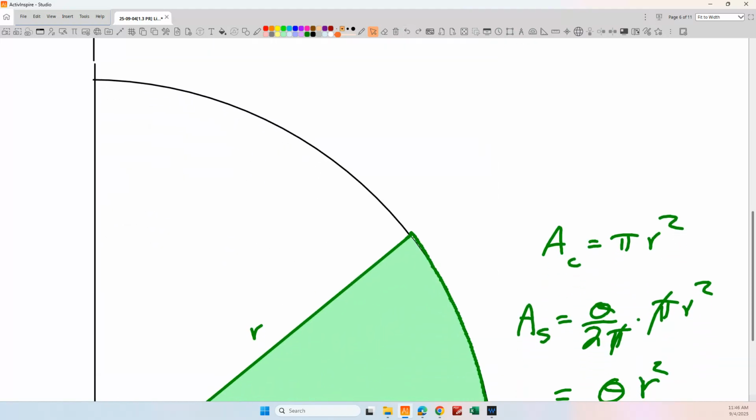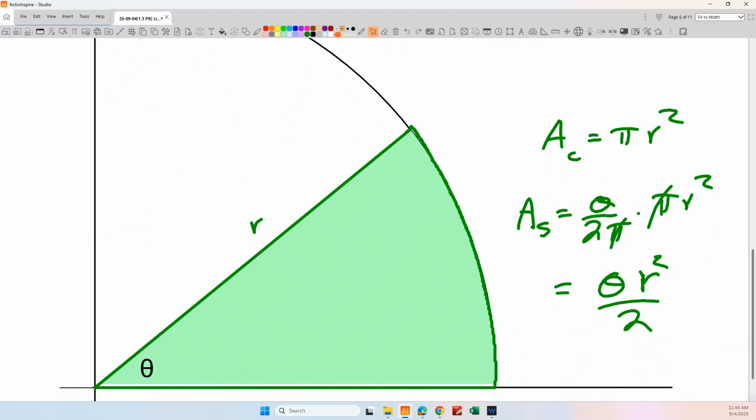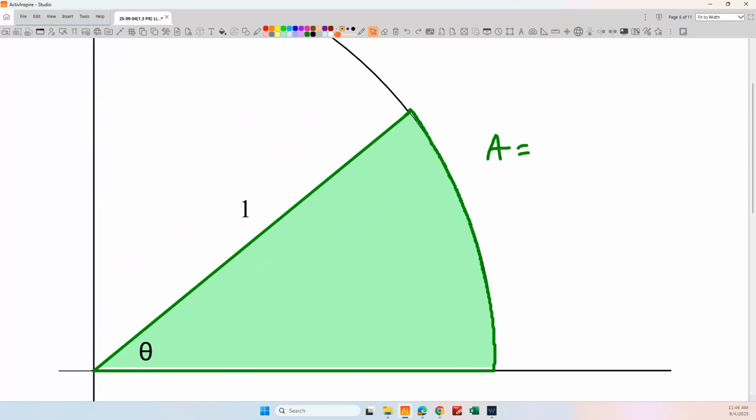What's that going to be if r is equal to 1? Theta over 2. Good, we're getting there.